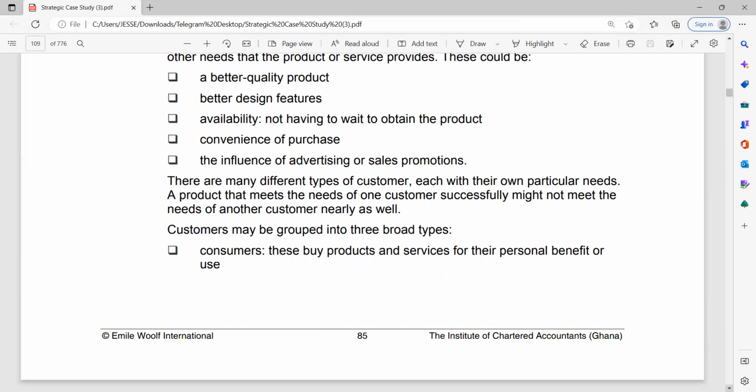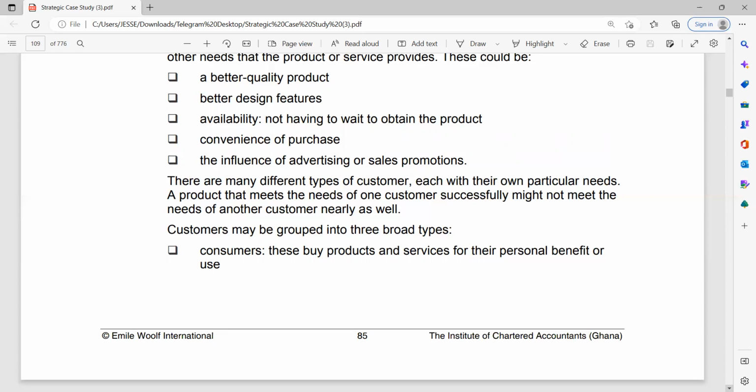There are many different types of customers, each with their own particular needs. A product that meets the needs of one customer successfully might not meet the needs of another customer. That makes sense, right? So there are different kinds of customers, but we'll talk about how they are grouped.